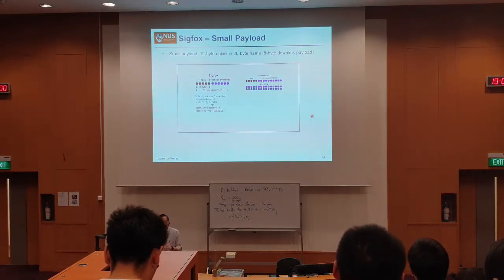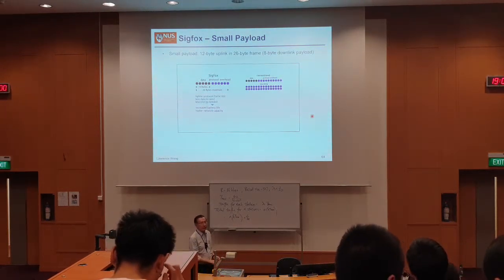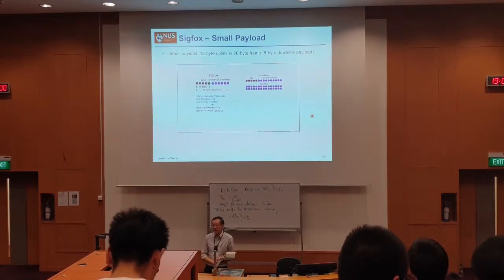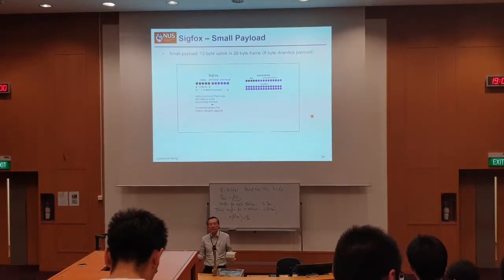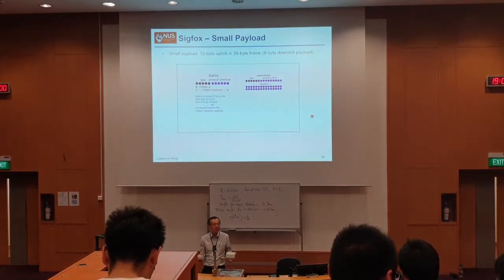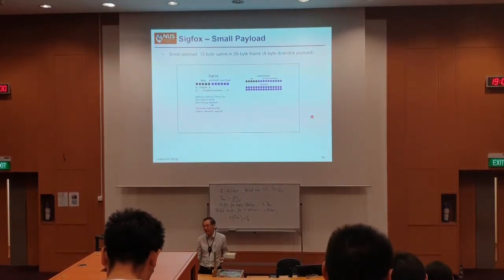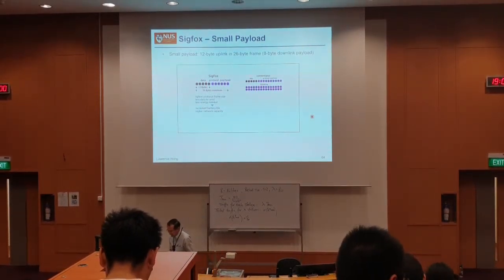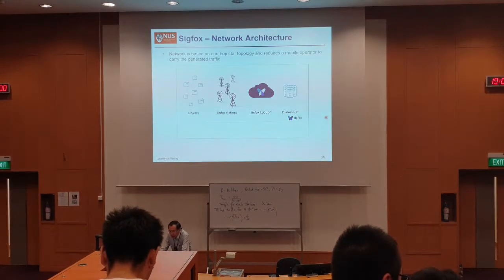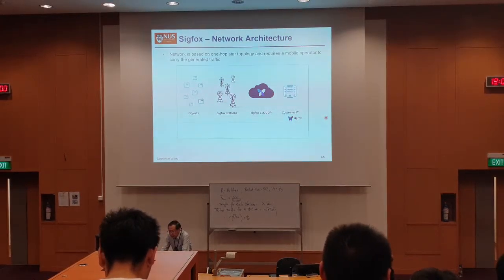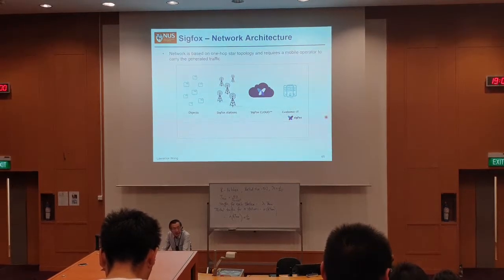So the data packets are all very small. The target market was IoT, where you don't have to send data too often. It's all one hop, based on a one-hop star topology, so it requires a mobile operator to carry the generated data.